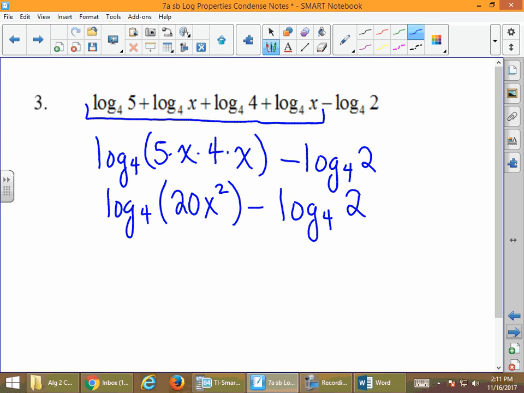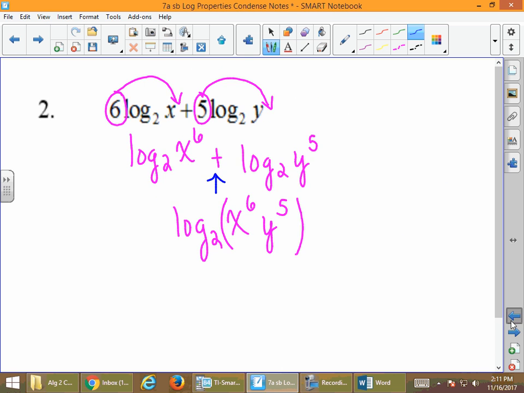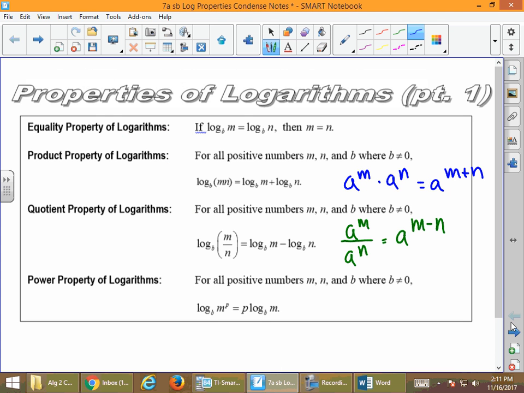But our goal is to write this as a single logarithm. So to write this as a single logarithm now, we've got a minus. We look back at our chart, and which one of these deals with minus? Well, the third value here, the quotient property. So we've got log base b of m minus log base b of n.